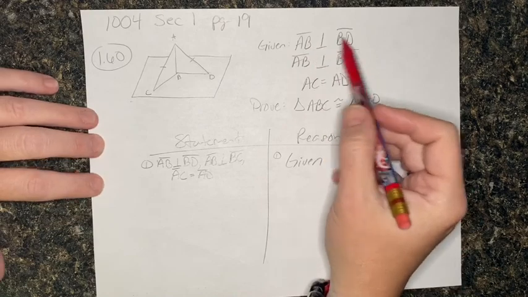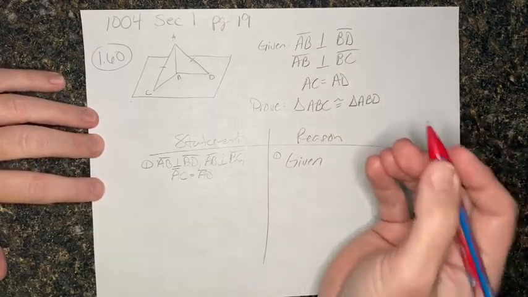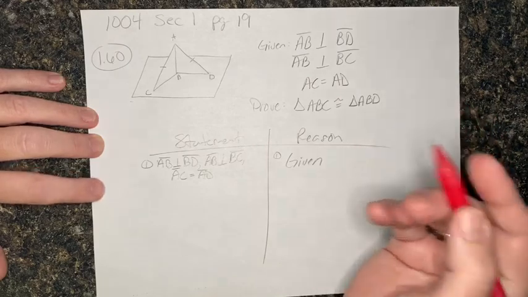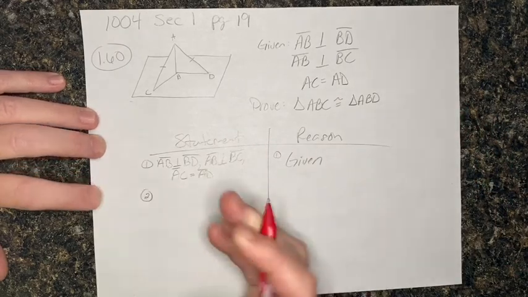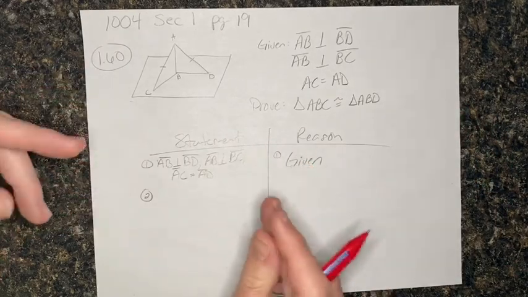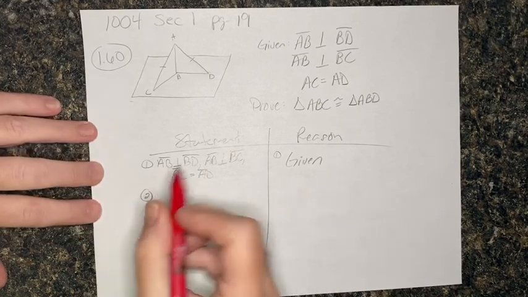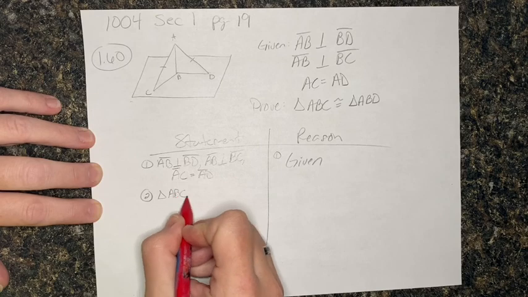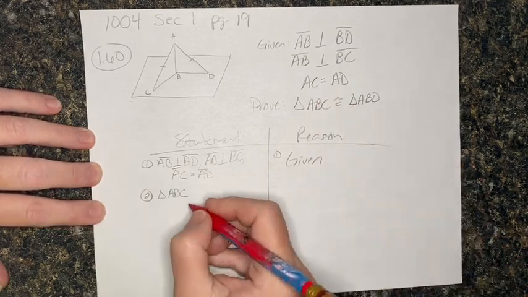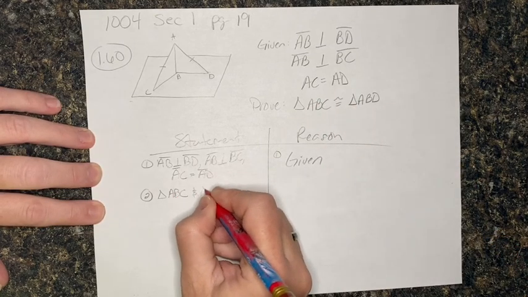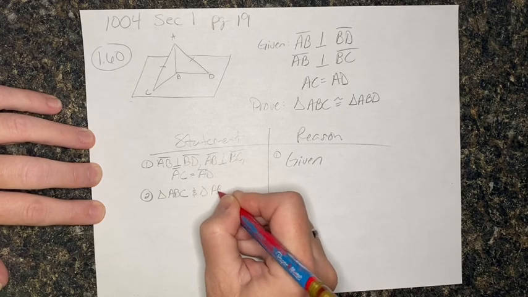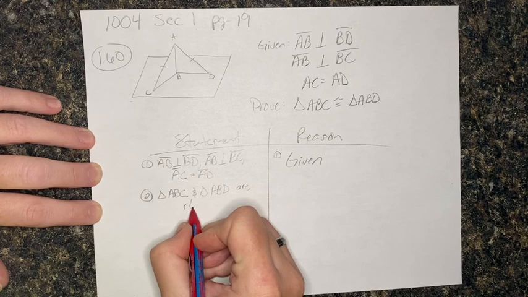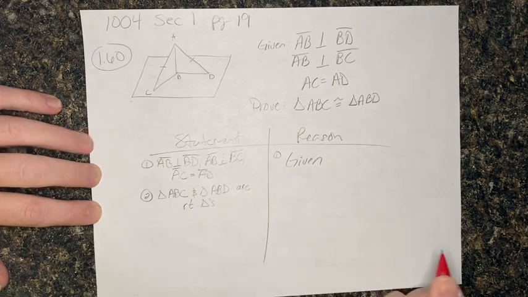Well, we've got perpendicular lines creating right angles. Okay. Right angles inside of a triangle make a right triangle. So like we did before, we're going to list 2 bits of information on one line. And that is that triangle ABC, and I'm just going to go with what they give us here, and triangle ABD are right triangles.